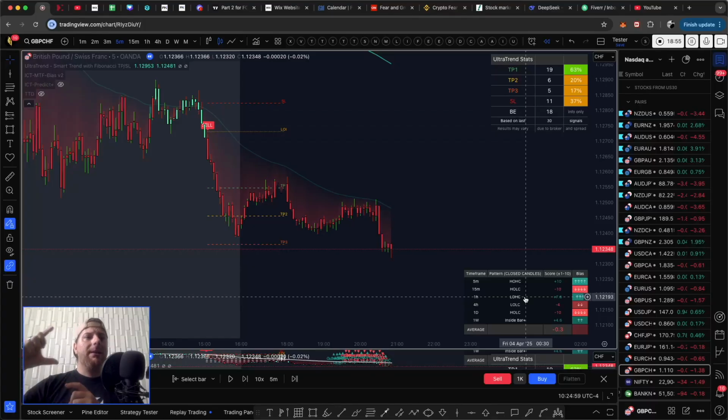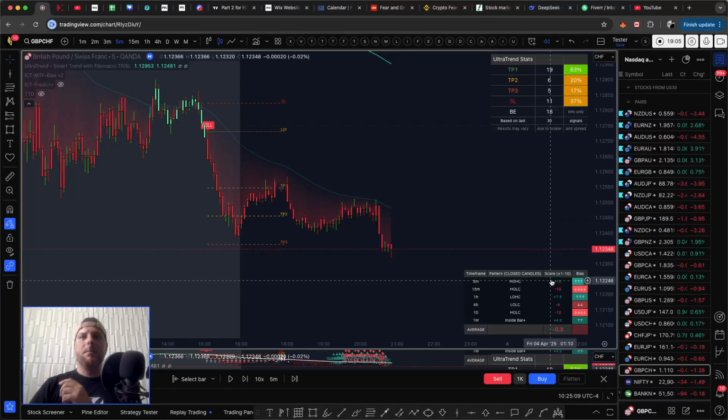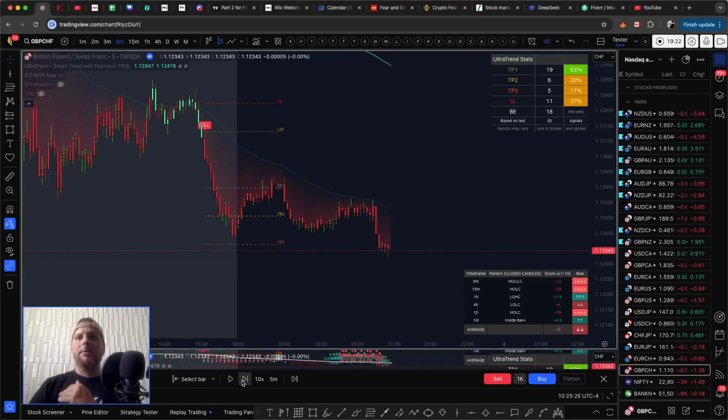Understanding how the previous candle closed, we can determine where the next candle is going to go. So it applies that logic here, and you can see it gives a score from 1 to 10, basically. For example, on the 5 minute time frame it's telling you a certain direction.